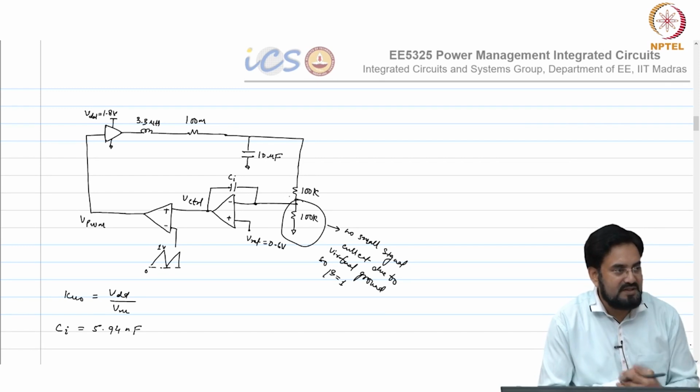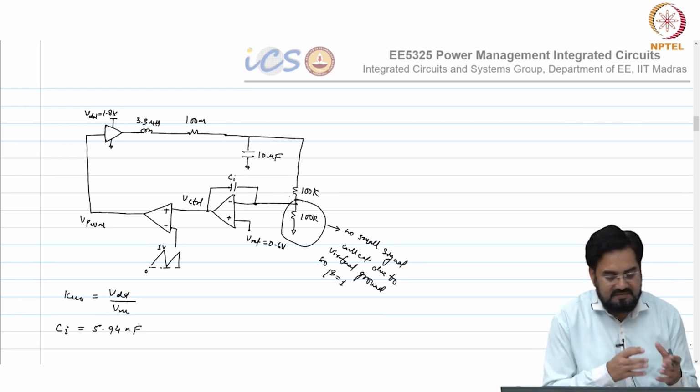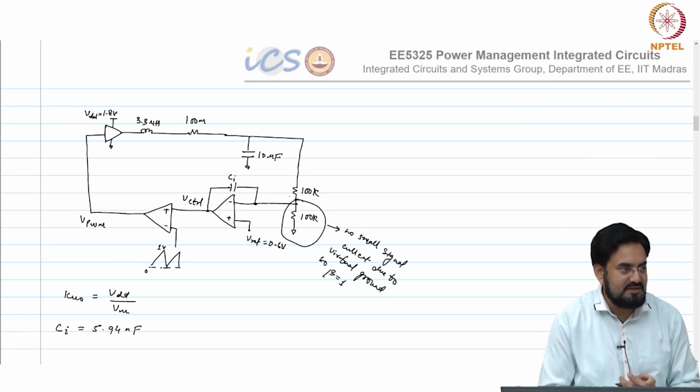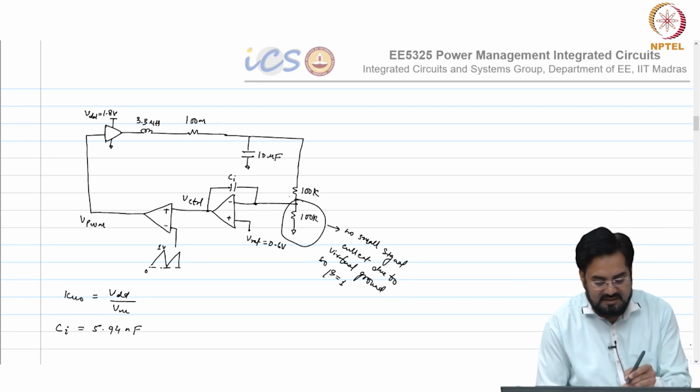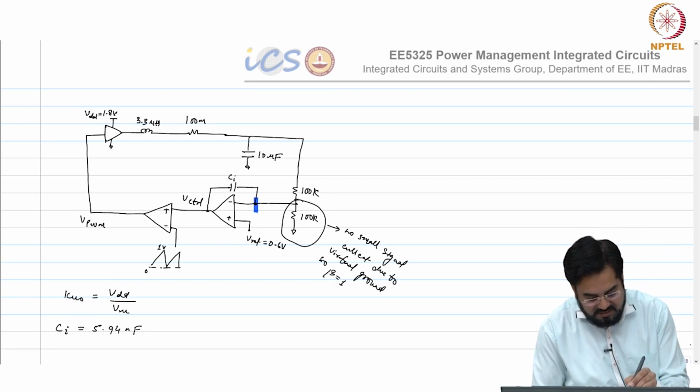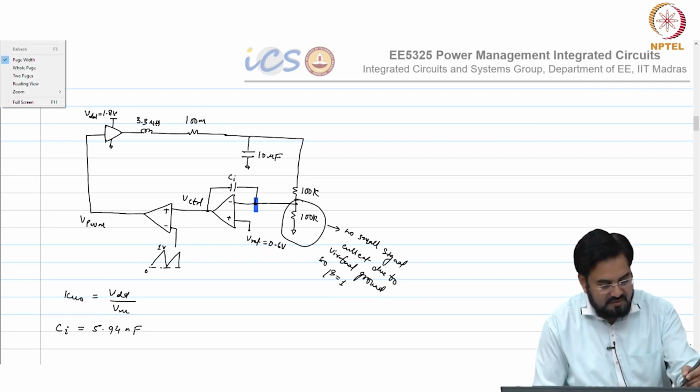With an off chip resistor it is fine, but the problem is that when you go off chip, it has more tendency to pick up noise from the external environment, and if this resistor value is very high, then this node becomes more sensitive, okay.